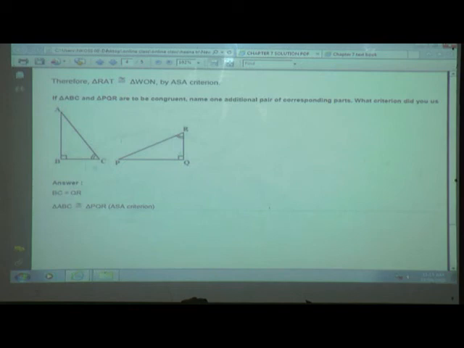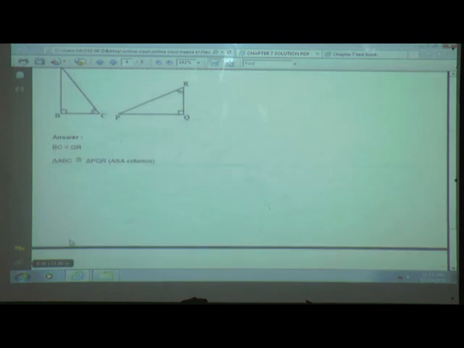Again I will mention, we had taken B as the 90 degrees angle, so here we take Q as the 90 degrees. So we write ABC congruent to triangle PQR. These both are congruent by ASA criteria, that is angle side angle criteria.